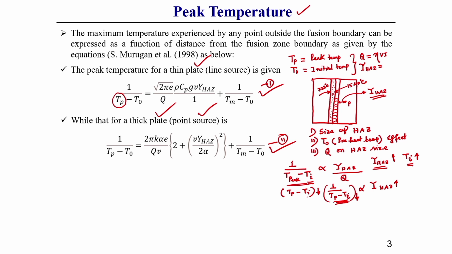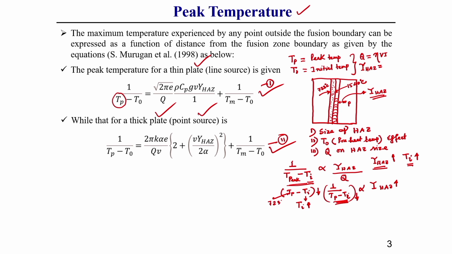So, this will decrease if Ti is increased, then Tp minus Ti. Tp means let us consider the fusion or heat affected zone boundary, let us say Tp is 723 degree centigrade, that is the heat affected zone boundary.